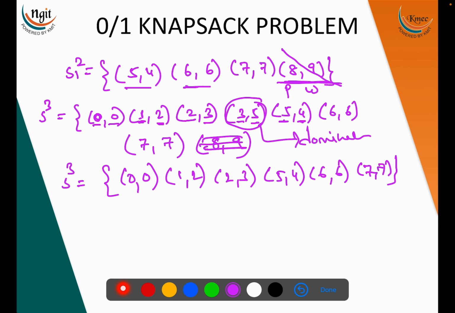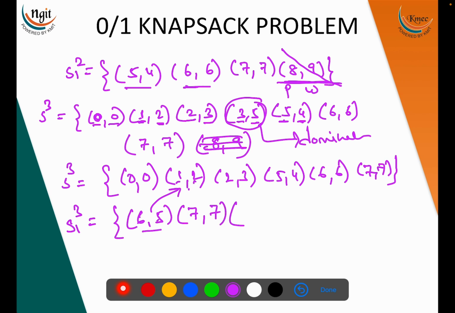Now the order pairs are (0,0), (1,2), (2,3), (5,4), (6,6), (7,7). Now what we have to do, add the other item. Now what other item? The last item I am going to add as (6,5). Now again fourth item and the first item, 6 plus 1 is 7, 5 plus 2 is 7.